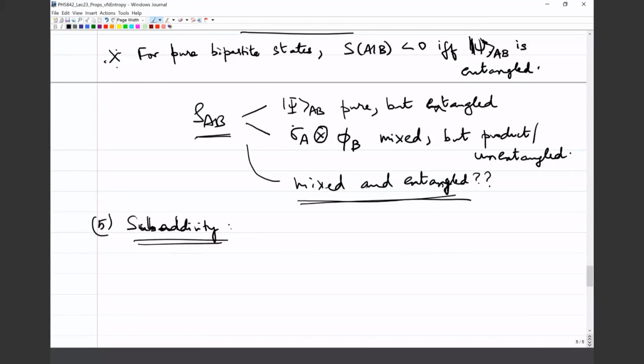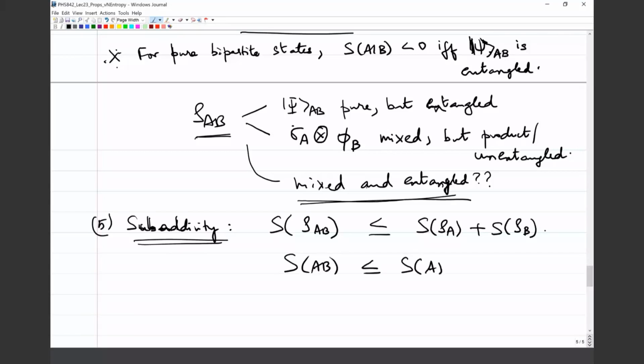So you have S of rho AB, and you want to know how it is related to the sum of the two marginals, rho A and rho B. And the statement is that the joint entropy is always less than or equal to the sum of the individual entropies. And this is the same statement as in the classical case, and it turns out that this exactly goes through in the quantum case as well, right?